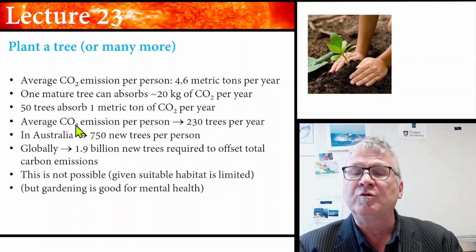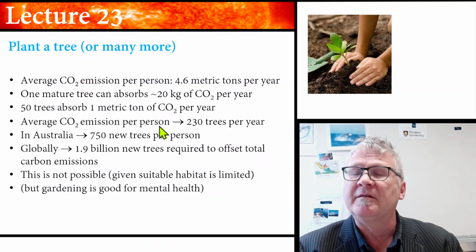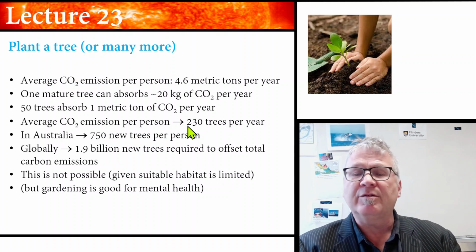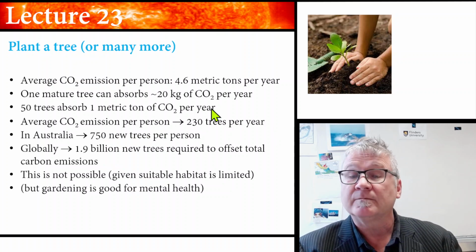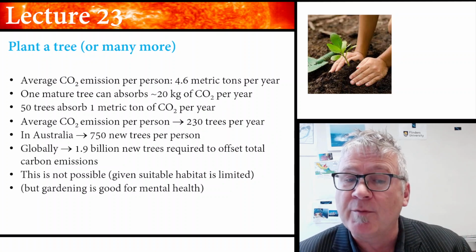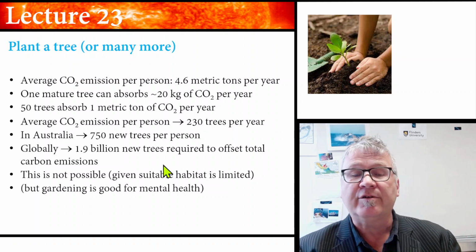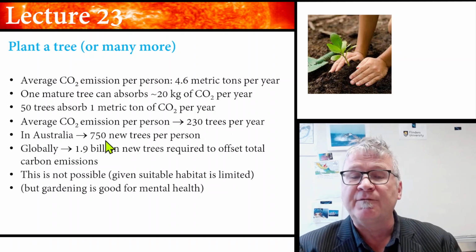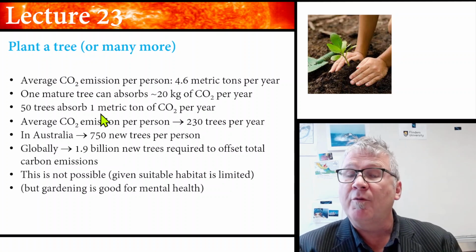So the average CO2 emission per person can be offset by planting 230 trees per year. In Australia, the average emission per person is higher. In Australia, you need to plant 750 new trees per person.